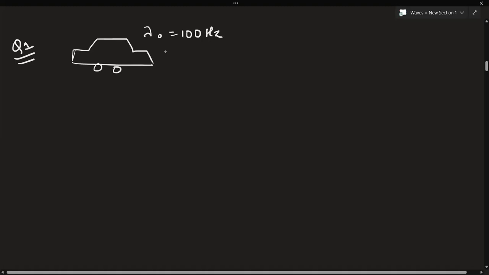The car is emitting this frequency, so it is the true frequency. The apparent frequency is the one with regard to the relative motion. Then there is another car whose frequency I don't know; we have to find it out. But if this car is moving towards it with 10 meters per second.